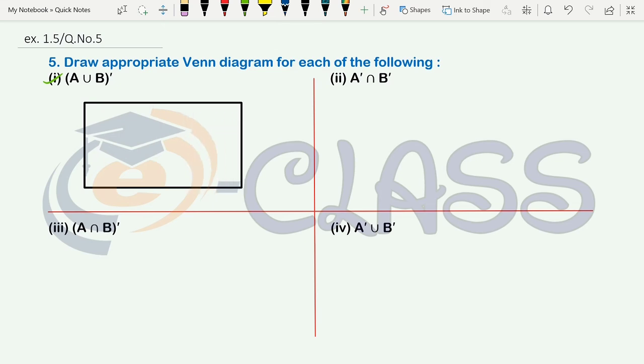Now we know the universal set is represented by a rectangle.